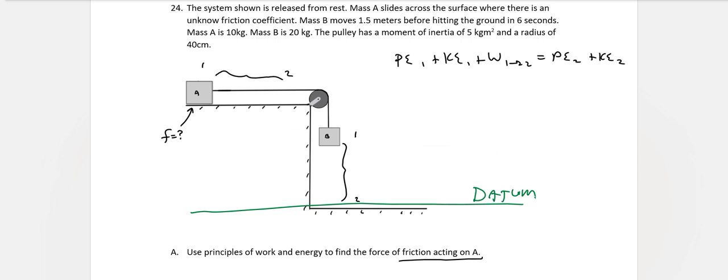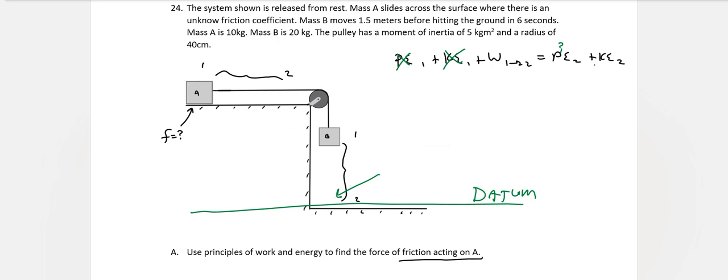So if they're not changing, you can toss them. Okay, so that's this term now talked about. The system is released from rest. That tells you something about this term. Potential energy 2. When we start thinking about this, now remember, mass A and the pulley we tossed. Mass B is now down here. That should tell you what to do with the PE2 term.